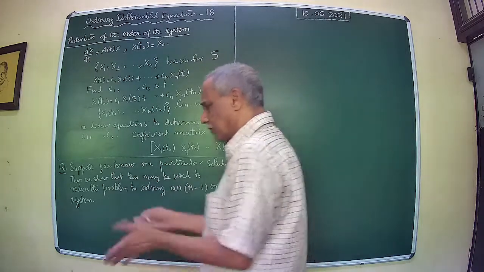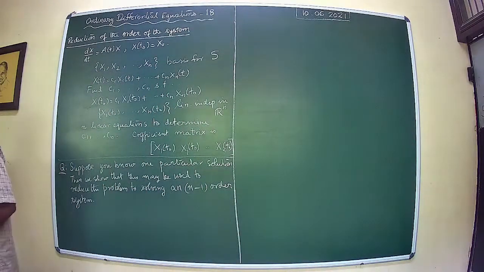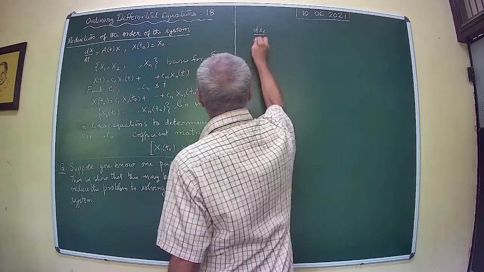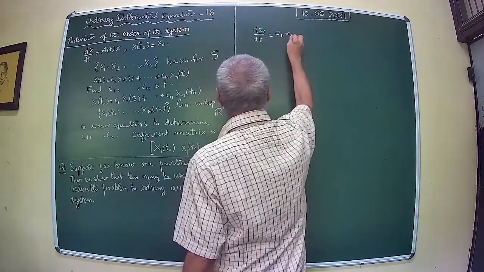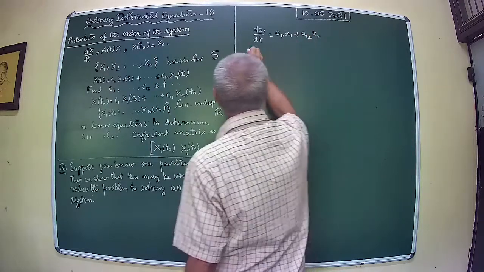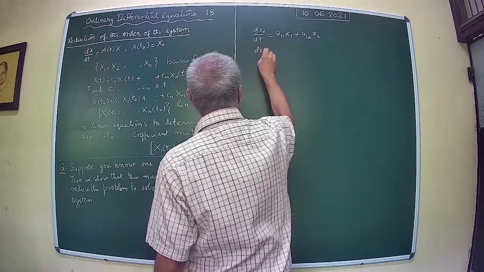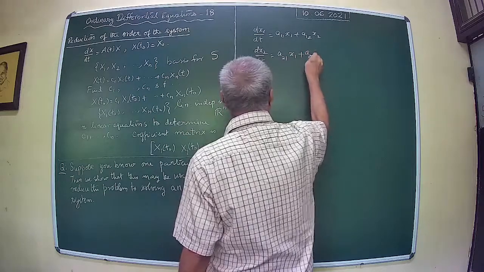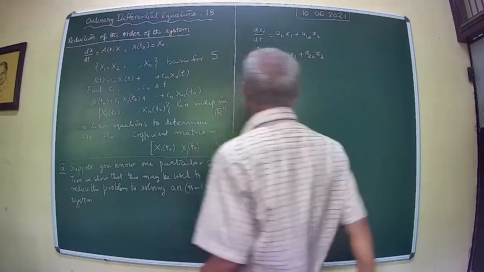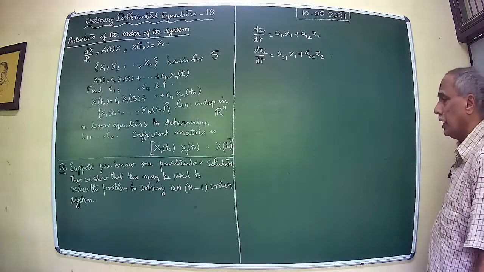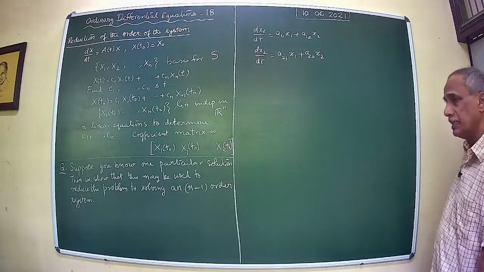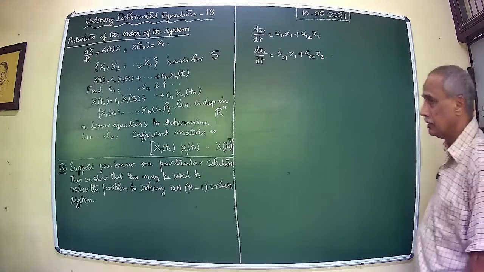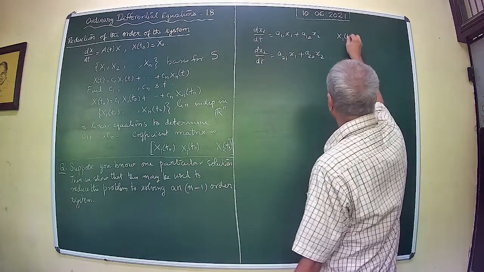So in short, if you are working with a second order system, dx1/dt and dx2/dt, to find a basis for the solution space of this homogeneous system, you get two functions, namely x1(t), x2(t).